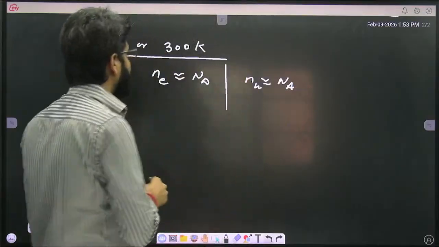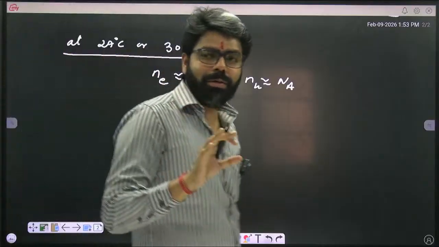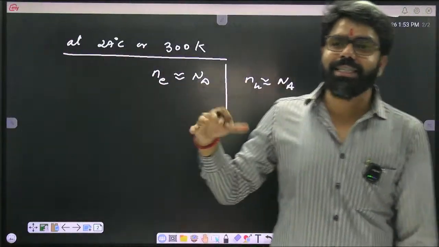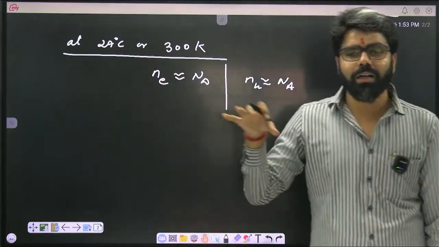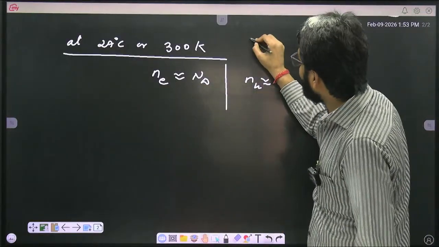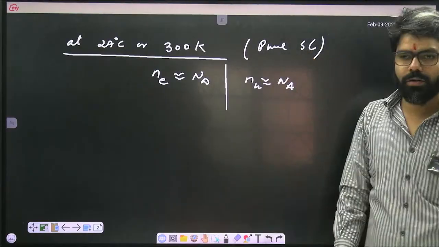Why is that? Because in a pure semiconductor, without any agitation, the number of electrons and the number of holes are equal, and that happens in a pure semiconductor.